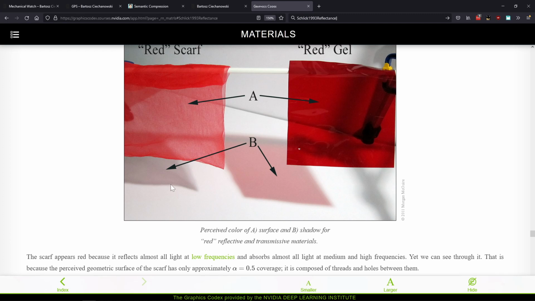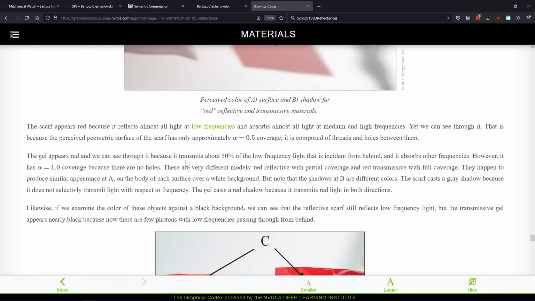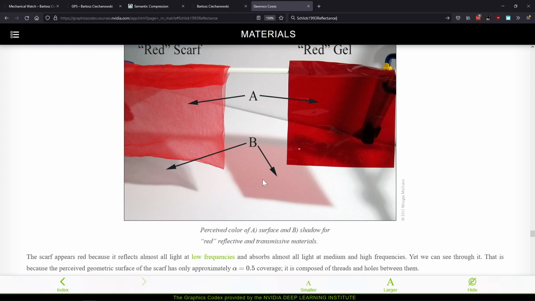Oh, the shadow color is different. I didn't notice that until it was pointed out. The red gel casts a red shadow, whereas the red scarf doesn't cast a red shadow, it casts a, well, non-red shadow. The other interesting thing is the surface reflectivity is possible on the red gel, but not on the scarf.